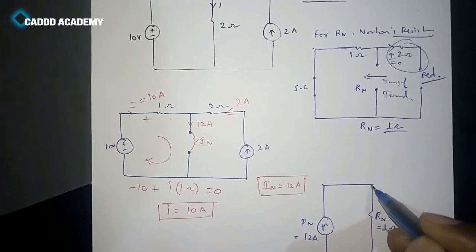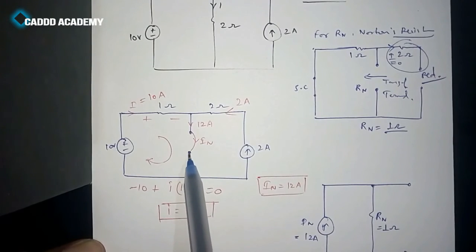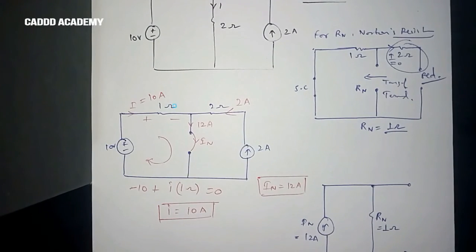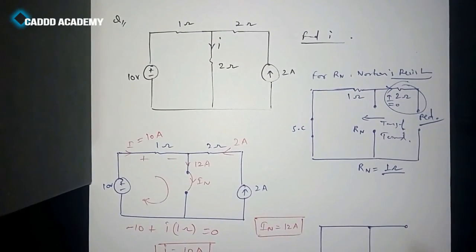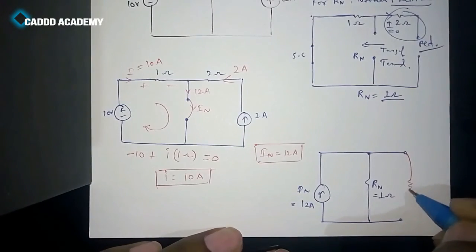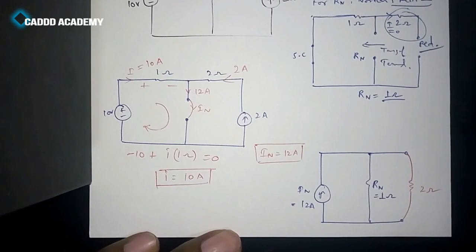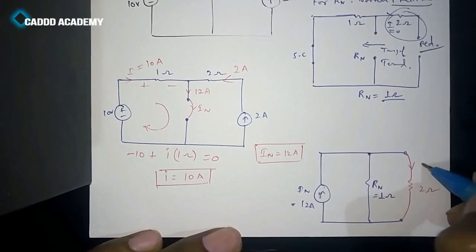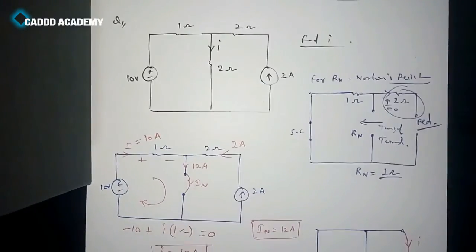And this is the target terminal, the terminal which we opened at the start of the question. So we had a 2 ohm resistance at this target terminal, and we had to calculate the current through the 2 ohm resistance.